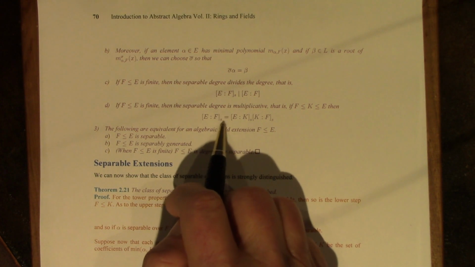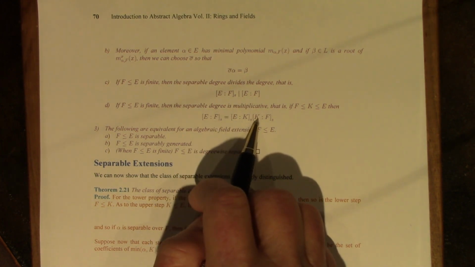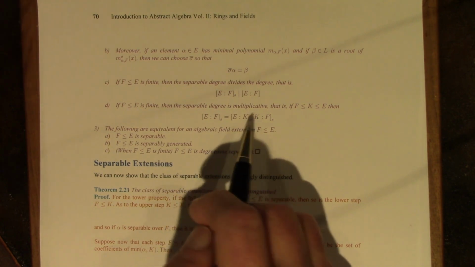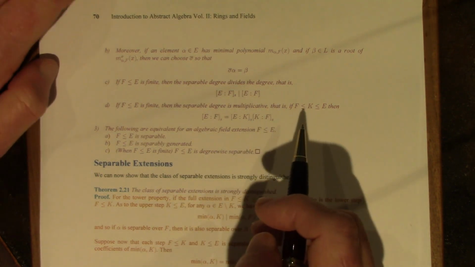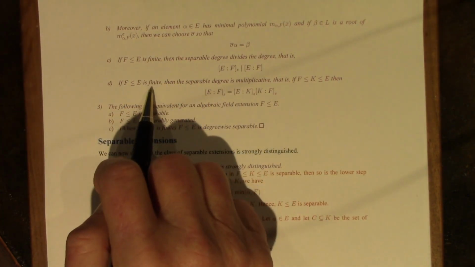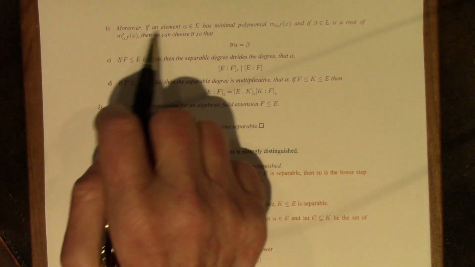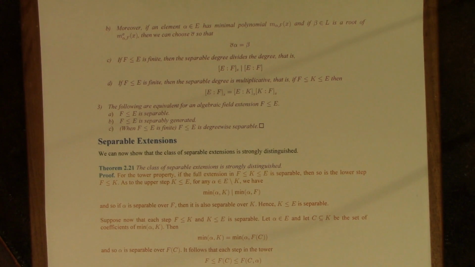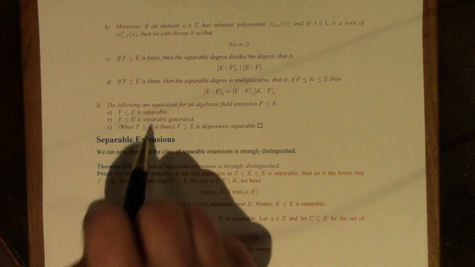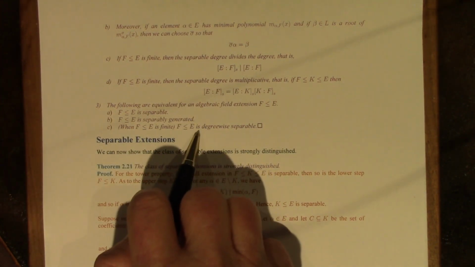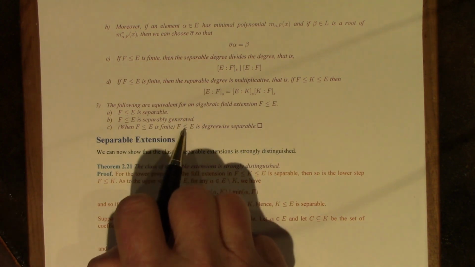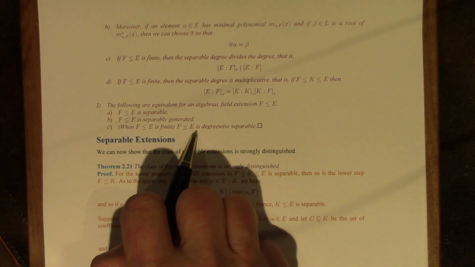We have the multiplicativity of separable degree. These two, of course, apply only when the extension is finite. Note the previous A and B were for general algebraic extensions. And finally, we have this little tidbit here that we worked hard to get, on the connection between separable, separably generated, and degree-wise separable.